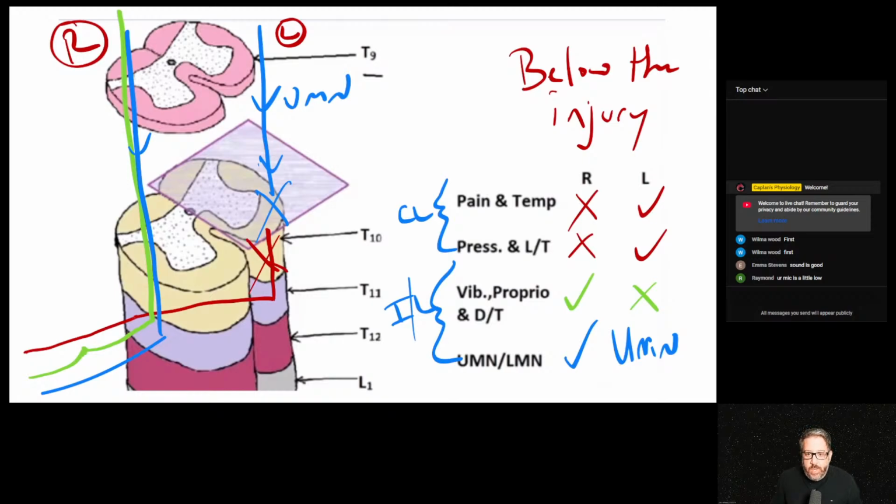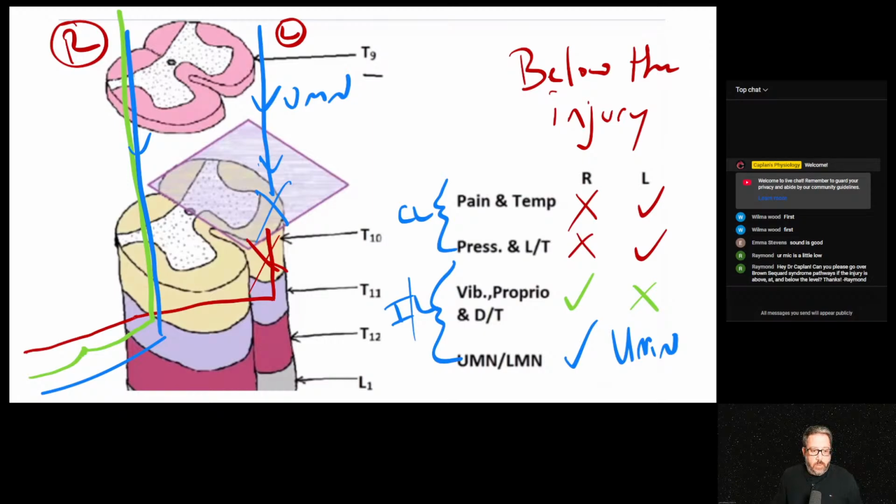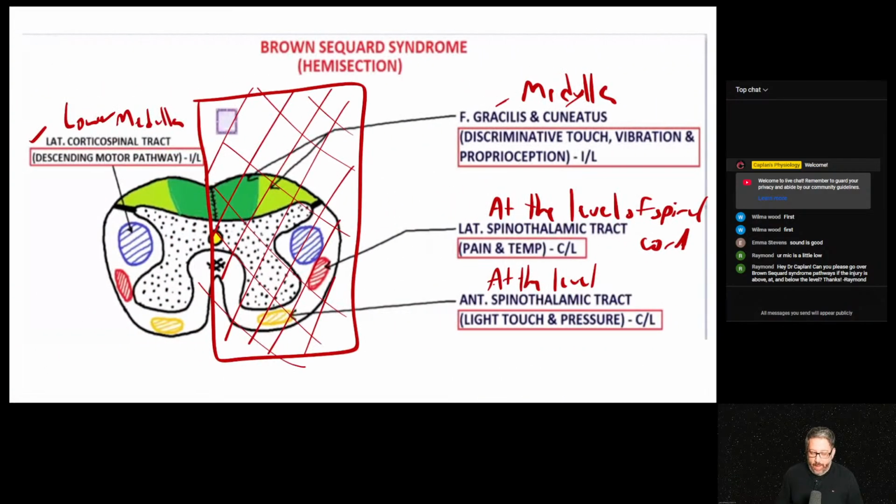Okay, Raymond, did you still have that question about Brown Sequard? So Brown Sequard, remember, it is a hemisection of the spinal cord. So basically, you're going to lose all of these functions on the side of the injury.